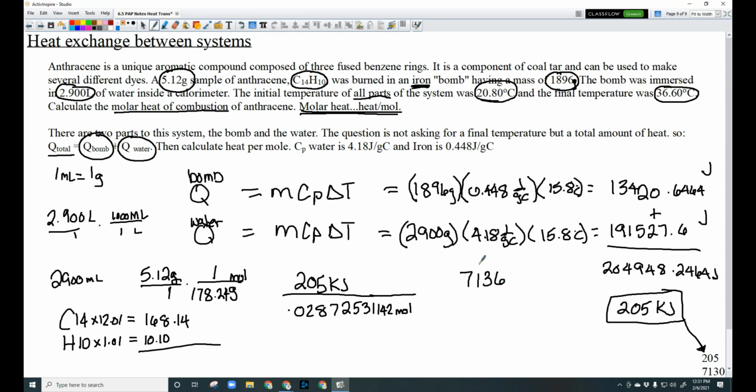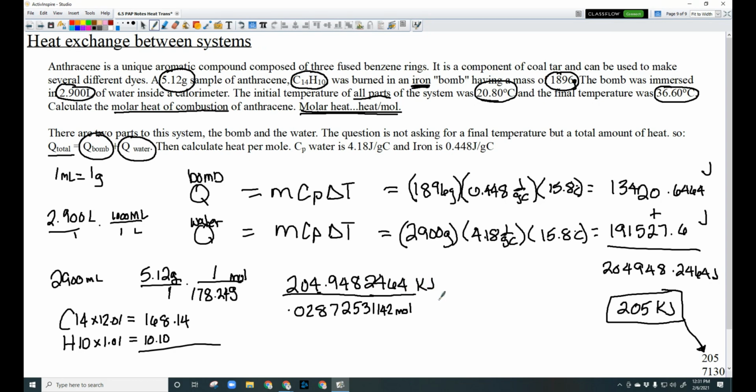Oh, wait a minute. You know what I did? I made a big boo-boo. It's not 205. That's not my final answer. So I need to substitute in this number here, 204.9482464 kilojoules.